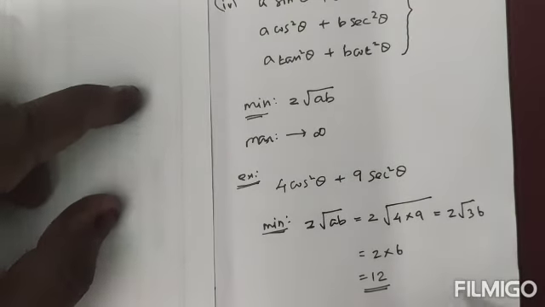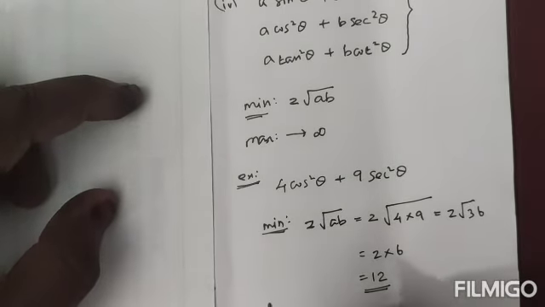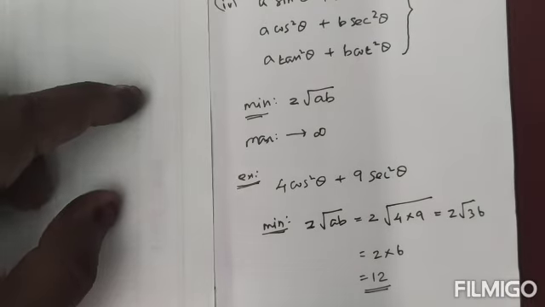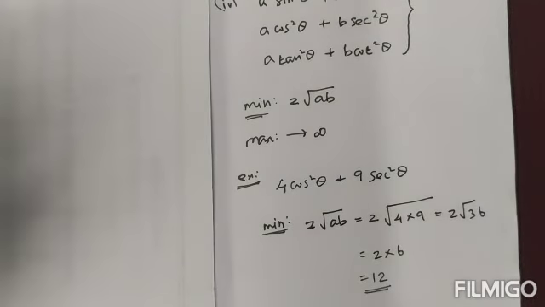Okay, so now we know these 4 identities. Now let's see question number 2 one more time, then we can select the identity and solve the problem.